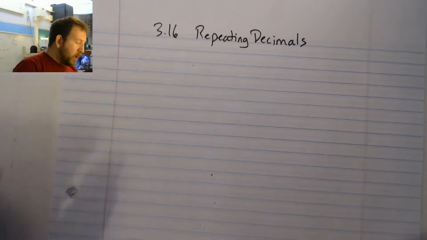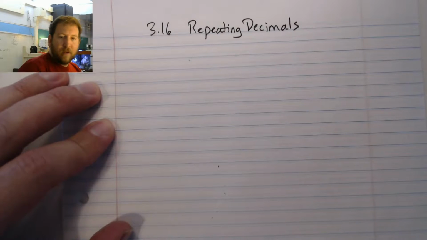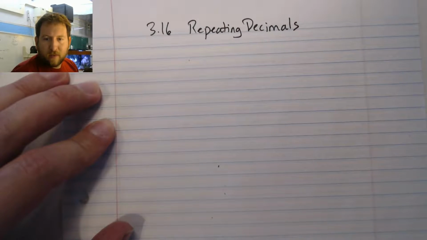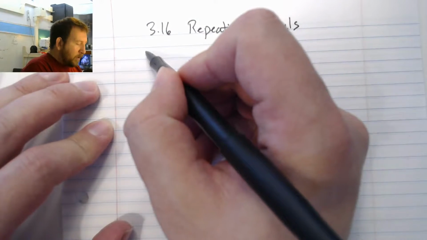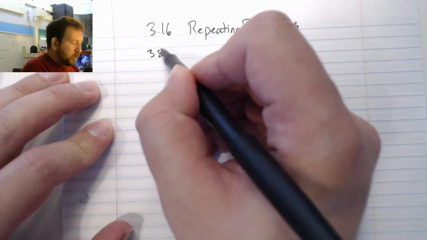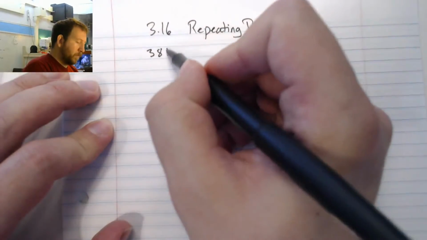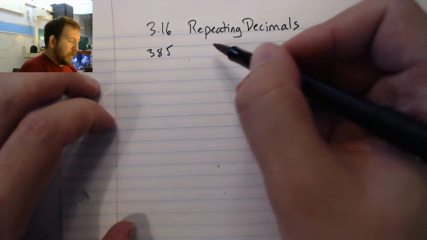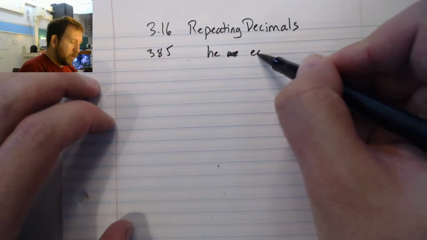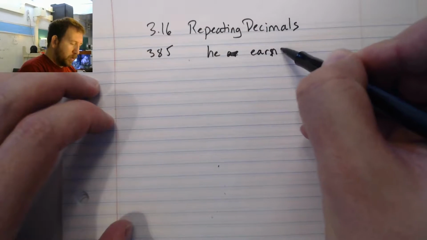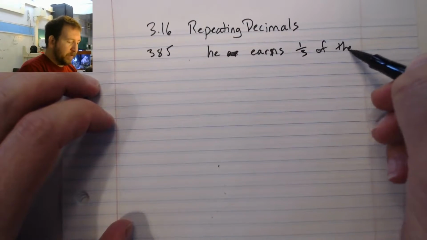Okay? So, for our little real-world example at the beginning, Jason is helping his older sister babysit for a week over the summer. His older sister earns $385, and she tells him that he earns 1/3 of the total profits.